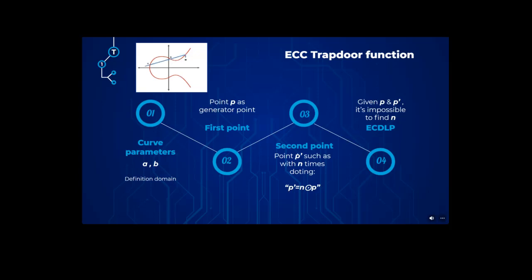The elliptic curve discrete logarithm problem says that given these two points, the starting one P and P prime, it is mathematically infeasible to find n, the number of times the operation was performed. So this is the basic security of elliptic curve cryptography.